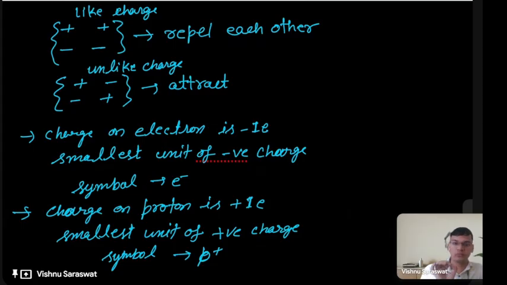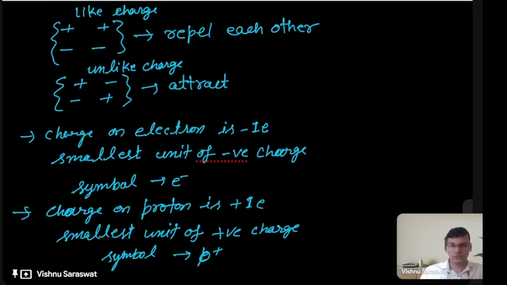Charge on electron is -1 electron, the smallest unit of negative charge. Symbol is electron minus. But when we talk about the proton, charge on proton is +1 electron, the smallest unit of positive charge.